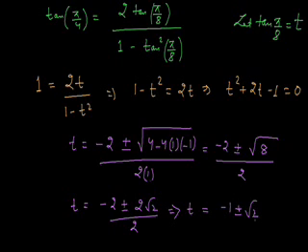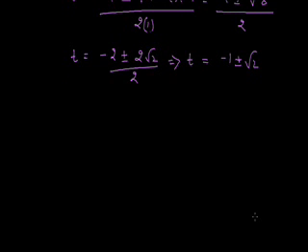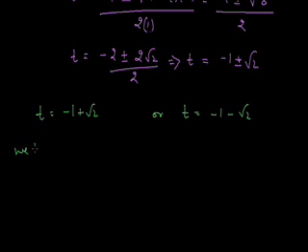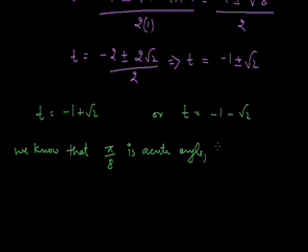Now see, from here you get two values of t. One value is t equal to minus 1 plus root 2, and one value is t equal to minus 1 minus root 2. But we know that pi by 8 is an acute angle. So it lies in the first quadrant.